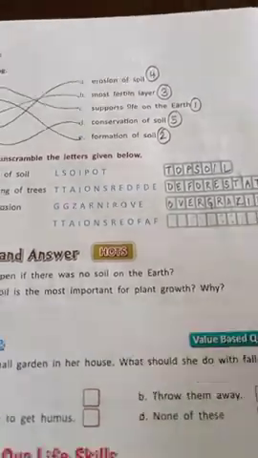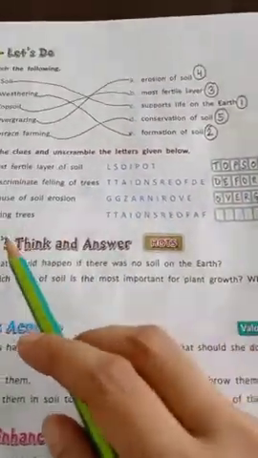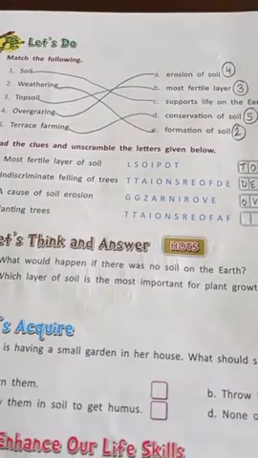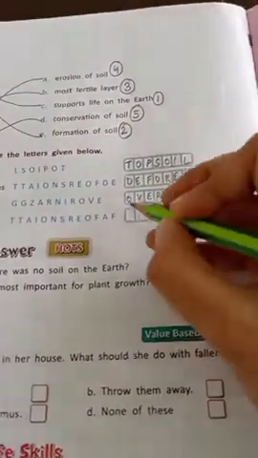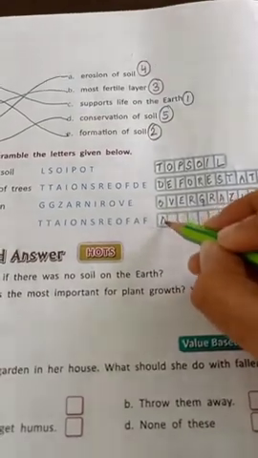Overgrazing. Okay. The last one is planting trees. When we plant a large number of trees together, that is called afforestation. So write it here.